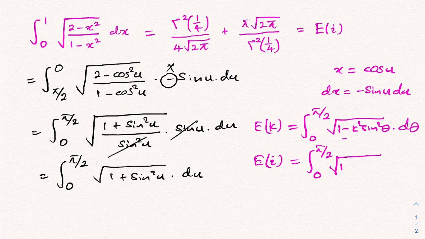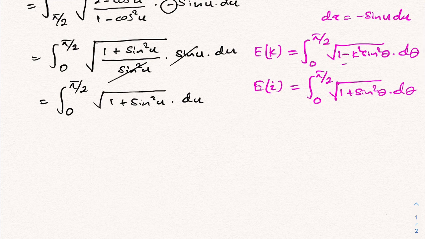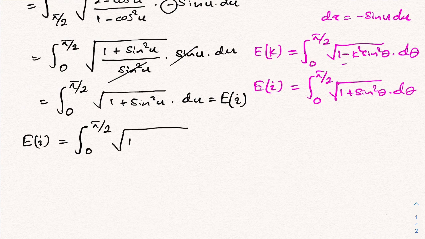So here we have 1 plus sine squared of theta d theta. Okay, then we know our integral is equal to E(i). So here E(i) is equal to the integral from 0 to π/2 of the square root of 1 plus sine squared of u du.